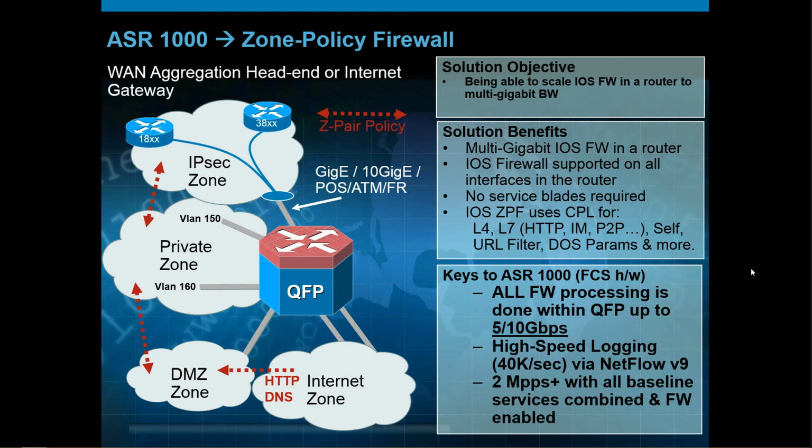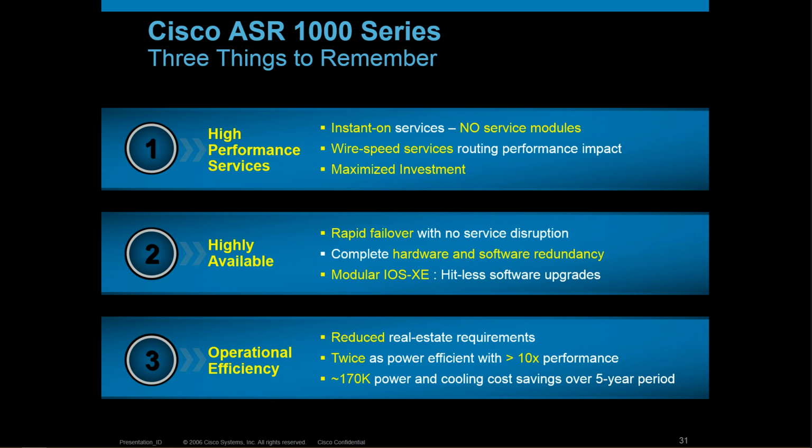Our ASRs are mid-grade, keeping in mind that our CRSs are our higher end grade. Things to remember, regardless if it's an ASR or a CRS, is these devices are made to be, first of all, high performance, highly available, and very efficient. Efficiency among everything else.